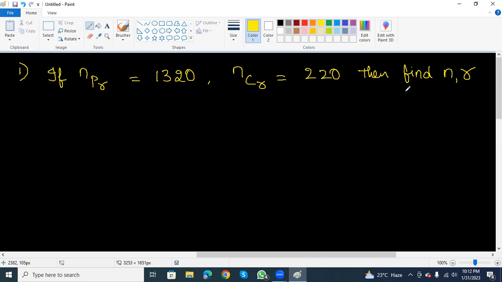So nPr is given and nCr is given. We need to find n and r here.